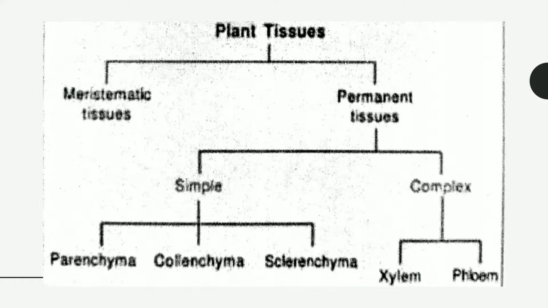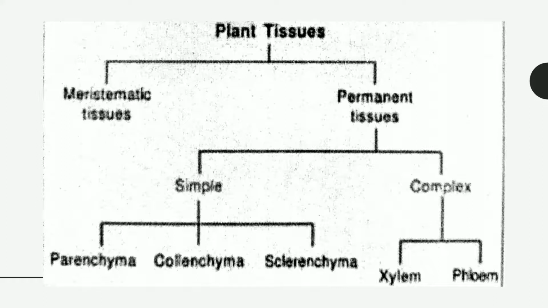If we give the differentiation between the meristematic and the permanent tissue, for meristematic tissues we can have the following points. First, the meristematic cells are small, usually isodiametric in size. They have a thin cell wall without intercellular space between the cells. They have a large nucleus and are rich in cytoplasm.